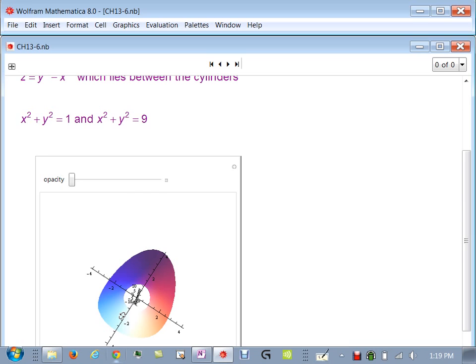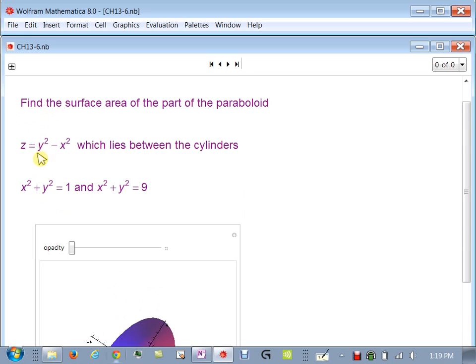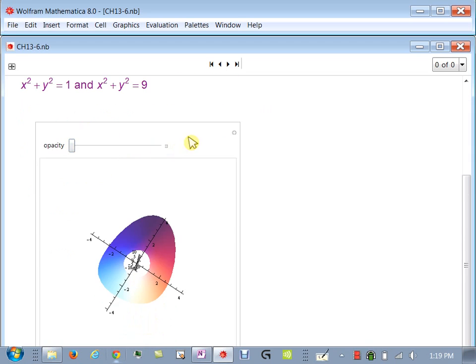Our y will be v sine u. That should draw me that little disk. I'll adjust the v and u to make it draw that. And then my z will just be y squared, which would be v sine u squared, then take away v cosine u squared. That's me talking through it. Let me just write it down now.